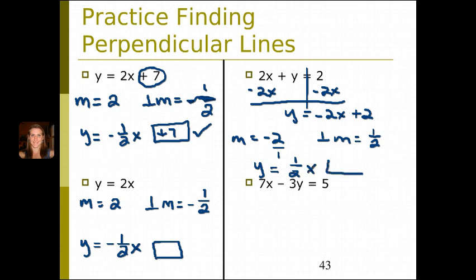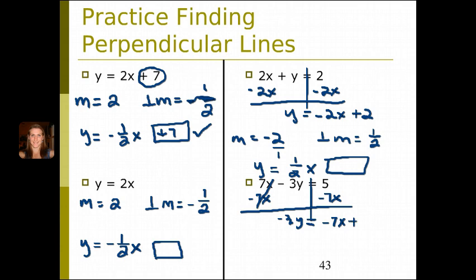Same thing for the last example. We have to solve for y, so subtract 7x from both sides. And you're left with negative 3y equals negative 7x plus 5. Remember, your constant always goes last.